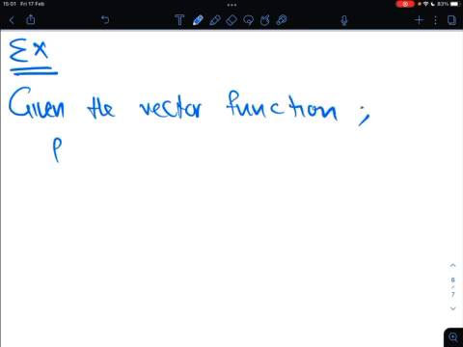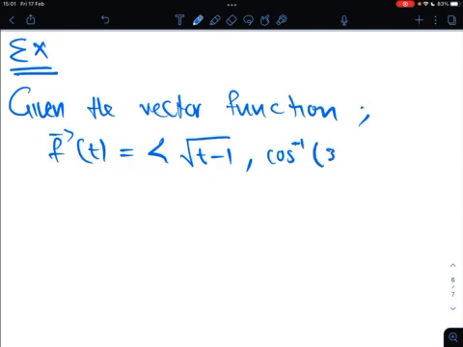We are given the vector function, which I'll define as follows, such that one of its components is the square root of t minus 1, and the other one is arc cosine of 3t plus 1.